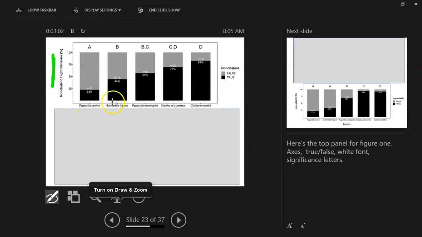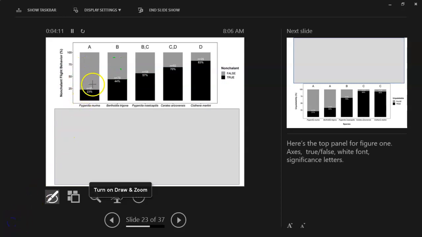If they did exhibit nonchalant flight, that's represented by the black here. If they did not, that's represented by the gray here. Over here on the right, they've got it labeled as true or false. Think of it as them asking the question, did the moth exhibit nonchalant flight? True or false? That's your binary data, by the way.